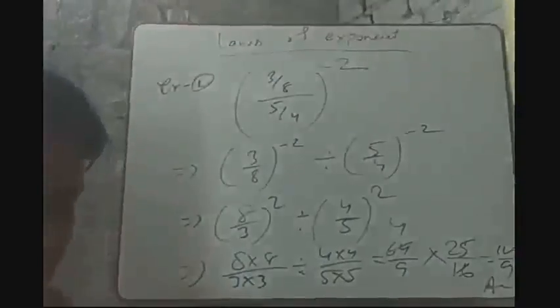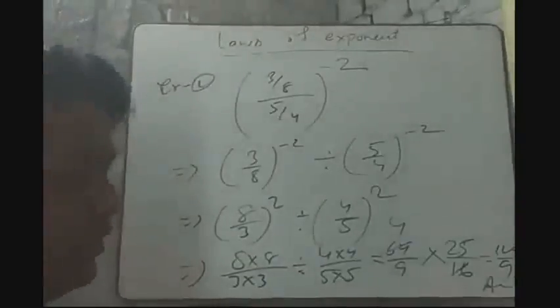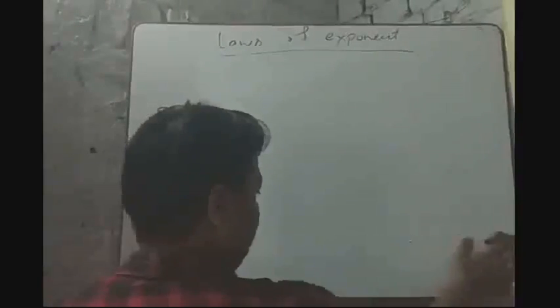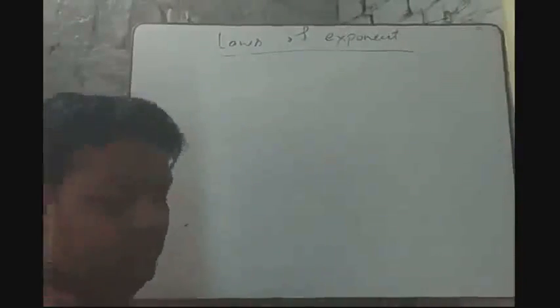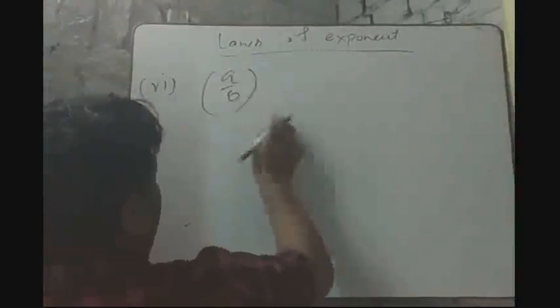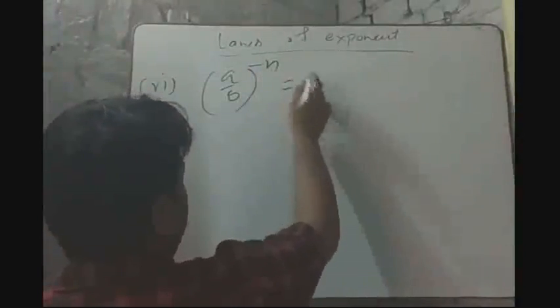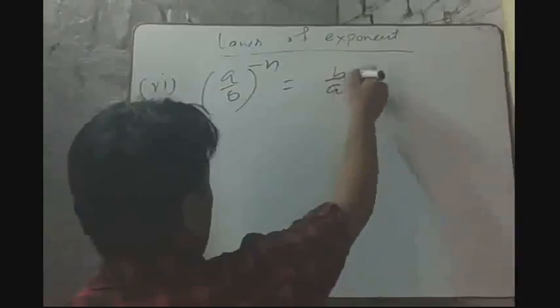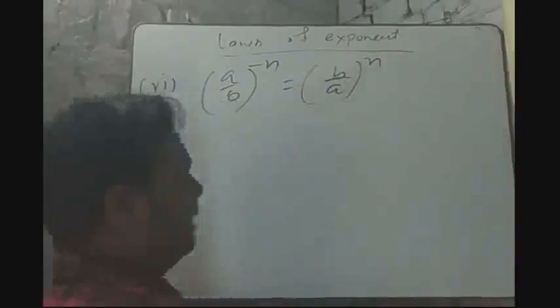Now let's see another law of exponent, the sixth law of exponent. The sixth law of exponent says that if a by b has the power minus n, then it has negative power, so we will take the reciprocal of this, that is b by a to the power n.